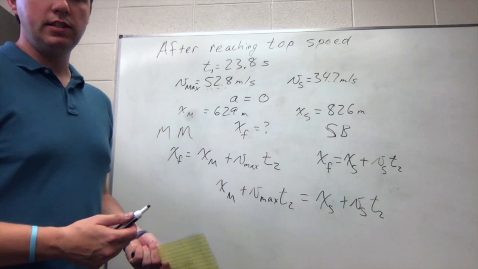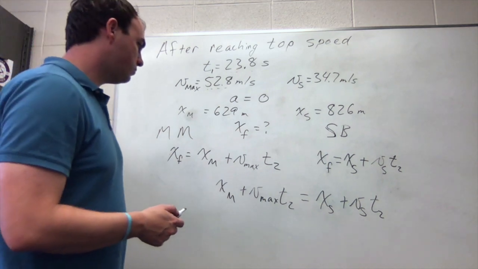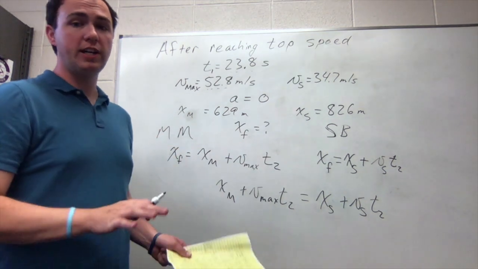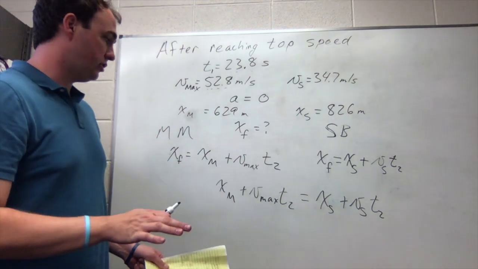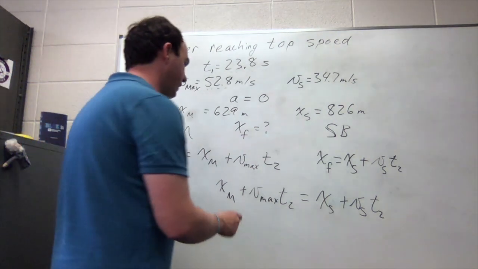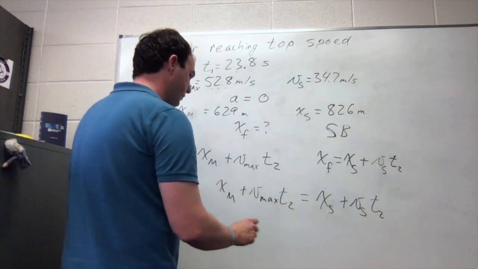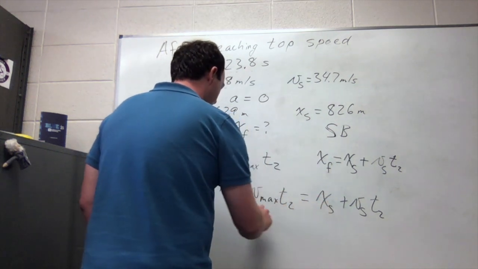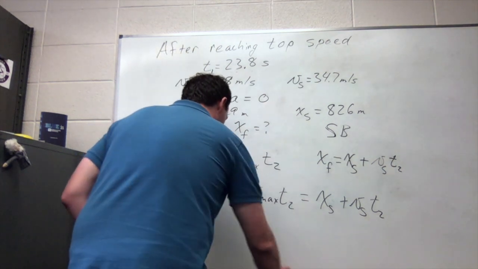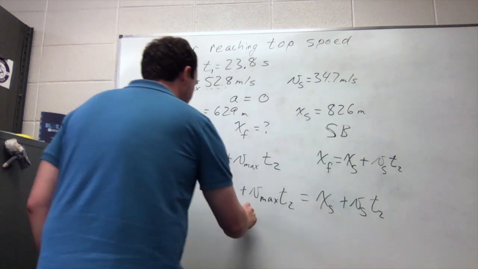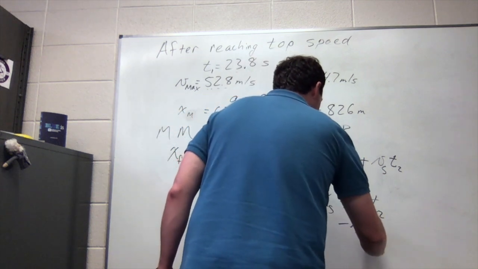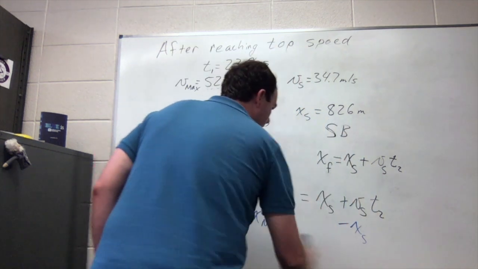Now the only unknown in this equation is the time. So what I want to do is get all the terms that involve time on one side of the equation, by adding or subtracting the terms, and all the terms that don't involve time on the other side. On this side, I will subtract X sub M. On this side, I will subtract X sub S. Or sorry, I will not.